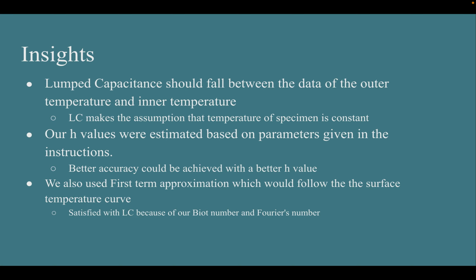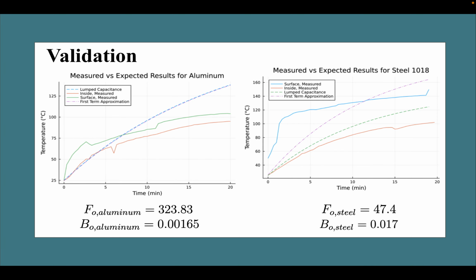All right, and so these are our takeaways and our insights from this. First of all, you'll notice that the lumped capacitance on the steel, or that green dotted line, shows the difference between the surface temperature measured and the middle of the cylinder measured. And we're okay with this because the lumped capacitance assumes a constant temperature throughout the cylinder as it's heating up.